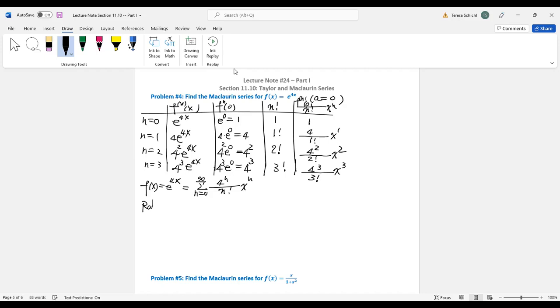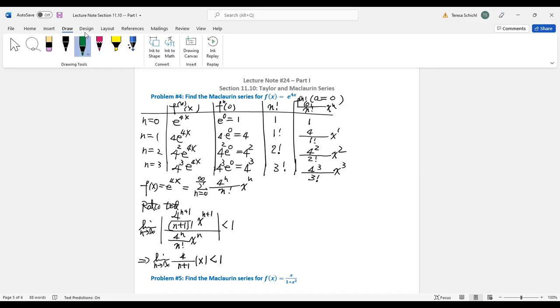So I use the ratio test. You will see the limit as n approaches infinity, right? So for the ratio test, you put n plus 1 factorial, 4 to the n plus 1, x to the n plus 1, over 4 to the n, n factorial, x to the n, right? We want it less than 1. So you will have the limit as n approaches infinity of 4x over n plus 1 is less than 1.